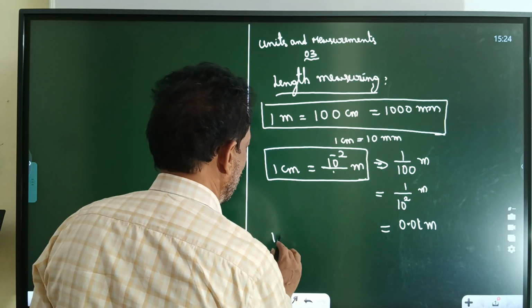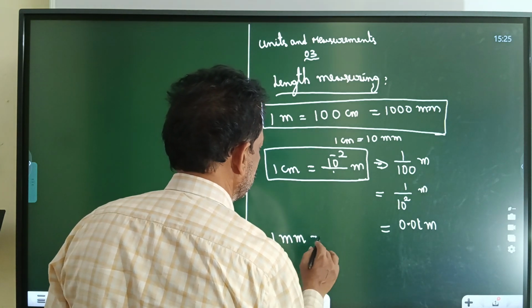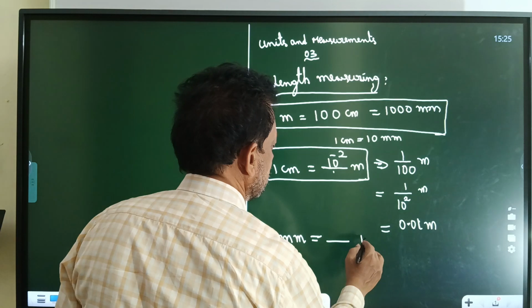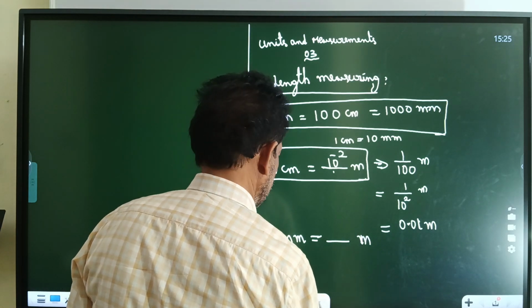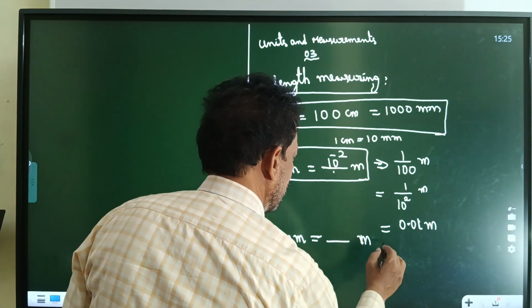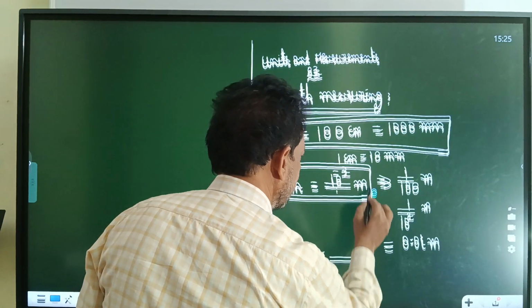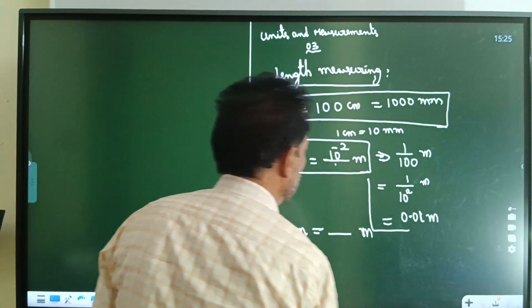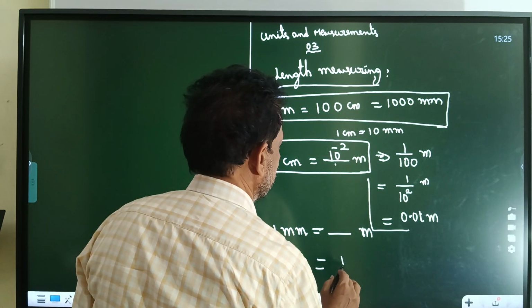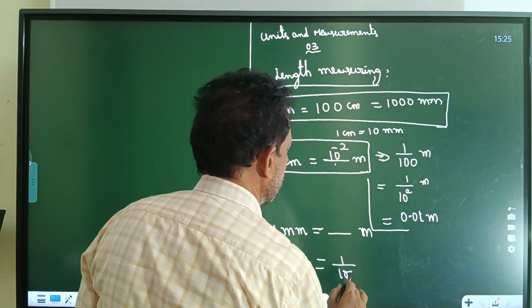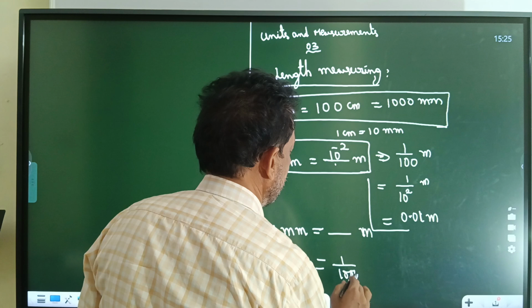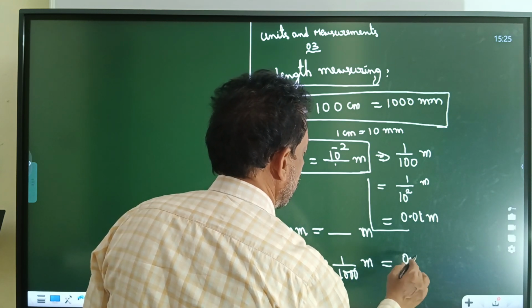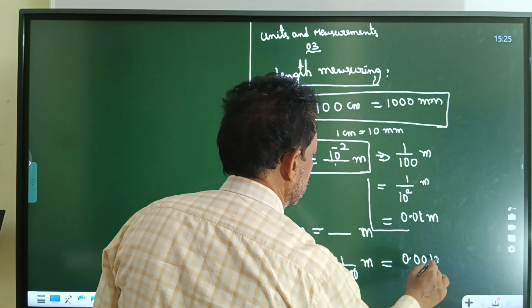Understanding? Next. So 1 centimeter is equal to this much. Now I can write 1 millimeter is equal to dash meter. You can write that is equal to 1 by 1000 meter, or you can say that is equal to 0.001 meter.